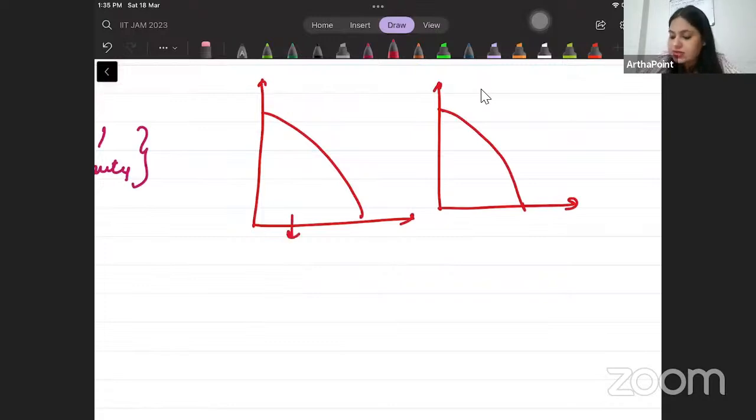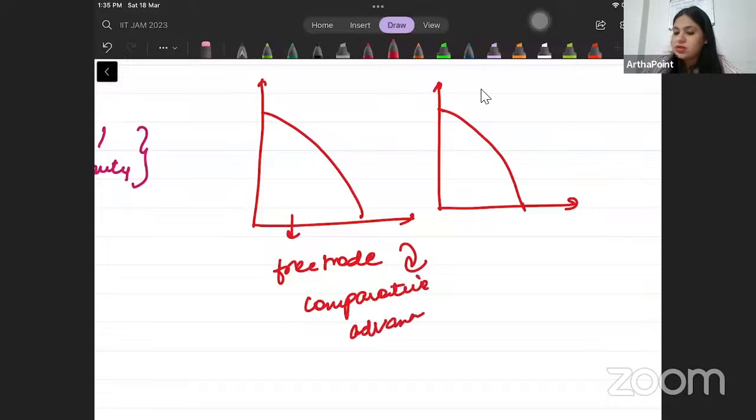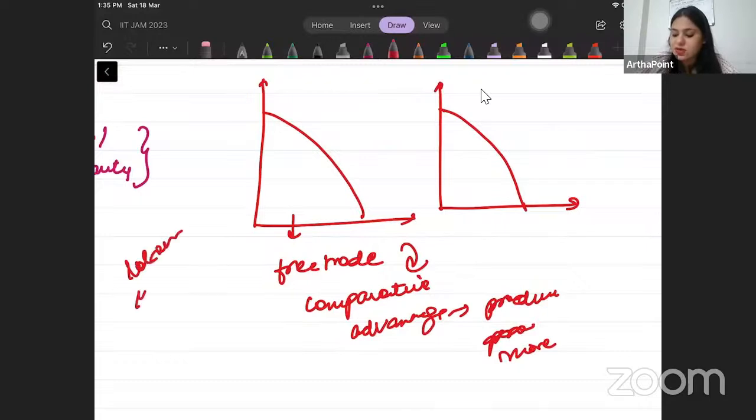And whenever they go towards free trade and they take benefit of comparative advantage, they are able to produce more. Because now, what will happen? Suppose I have comparative advantage in producing a labor intensive product.